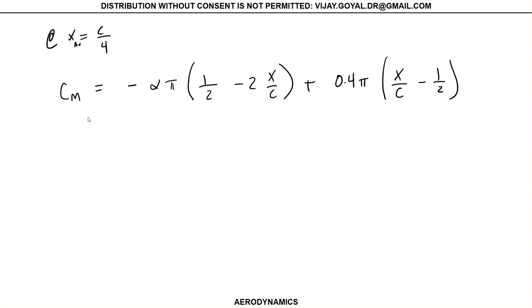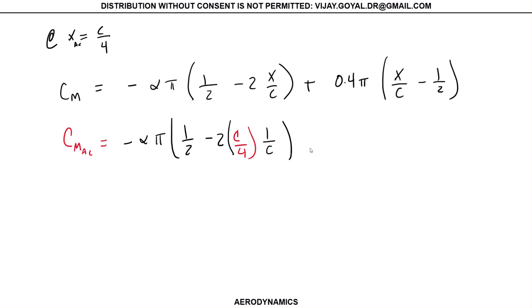So if I evaluate this now at the pitching moment, you find this is minus alpha pi times (1/2 minus 2 times c over 4, over c) plus 0.4 pi.